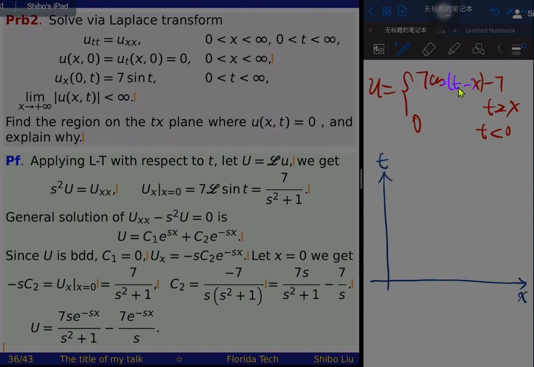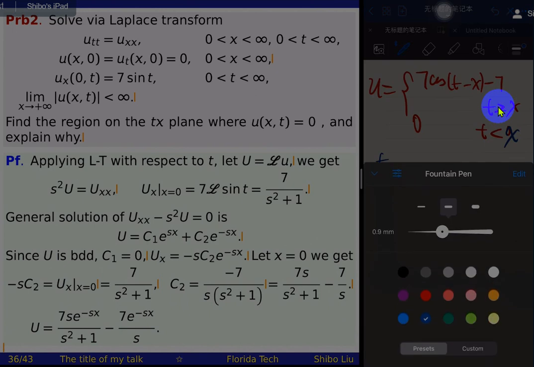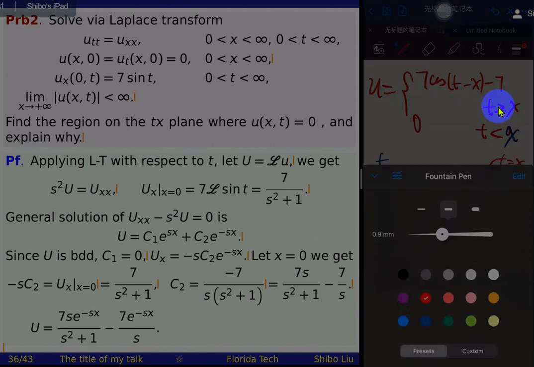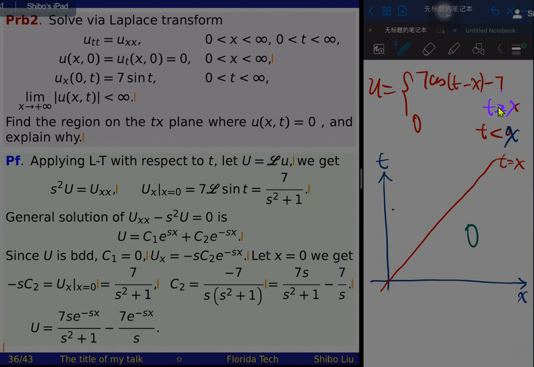When t is greater or equal to x and when t is less than x, the expression for u is different. Therefore, the line t equal to x is crucial. So we draw the line t equal to x. Then we see that u is 0 below this line, and u is 7 cosine t minus x minus 7 above this line. So the region where u is 0 is simply the region below this line.